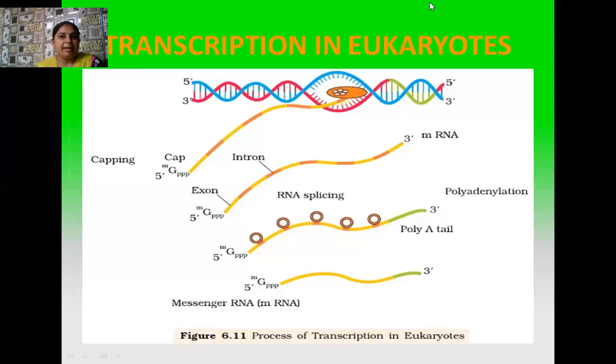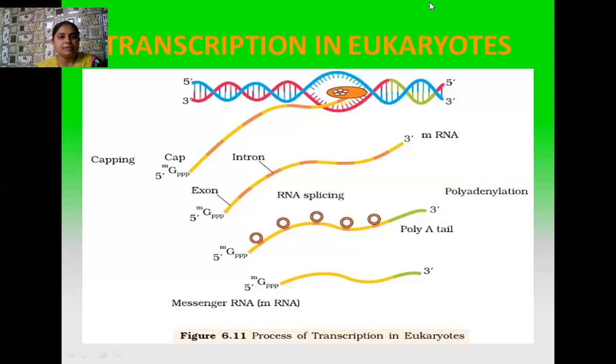So students, we have learned transcription in prokaryotes as well as in eukaryotes. The basic difference is that in prokaryotes, translation as well as transcription take place simultaneously, as there is no well-defined nucleus present, or the nuclear membrane is absent.